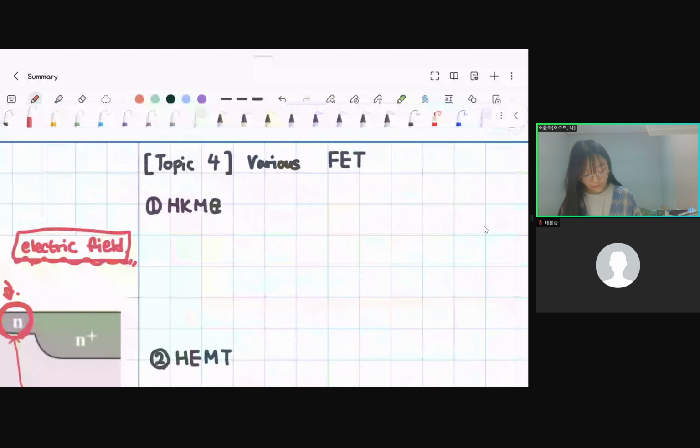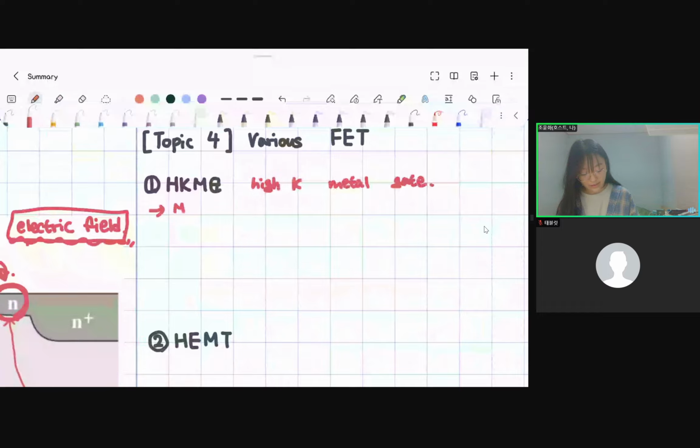It means high-K metal gate. It is not much different from the MOSFET, but the different thing is that in HKMG, it doesn't use oxide from here. Instead, we use a high-K material.